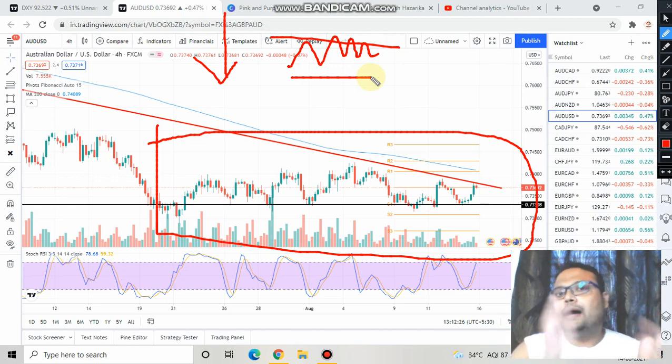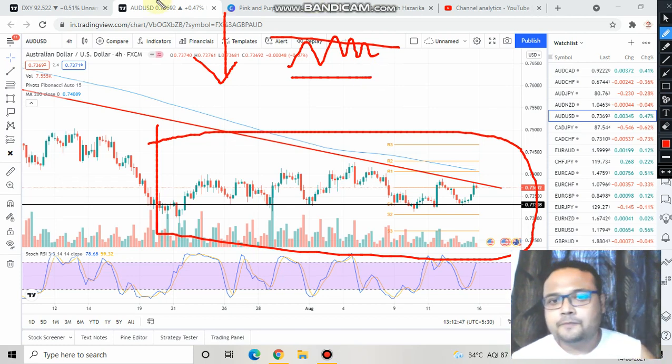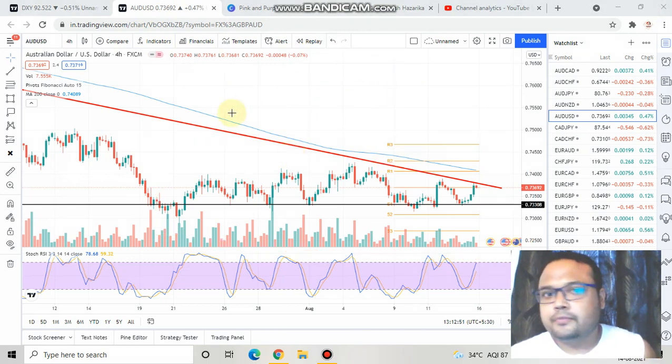The number of buyers and sellers are almost equal. As a result, we can take positions on both sides. In a sideways market, we can short the market at the resistance, whereas we can go for a long or buy position at the support, because the number of buyers and sellers are equal. Therefore, we will just consider it as a sideways market.